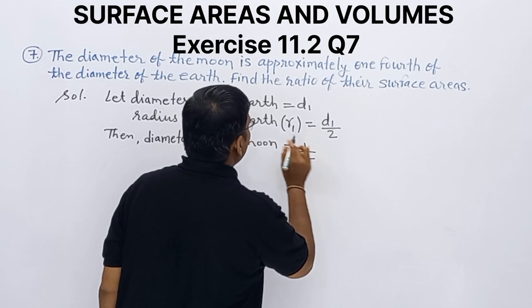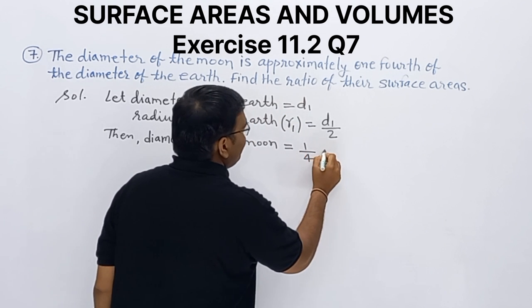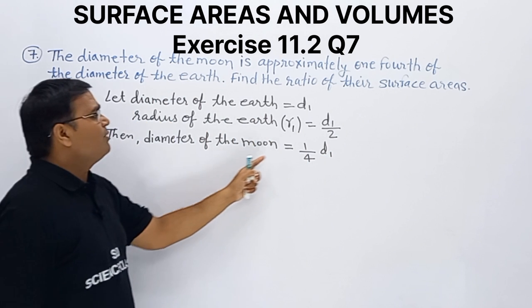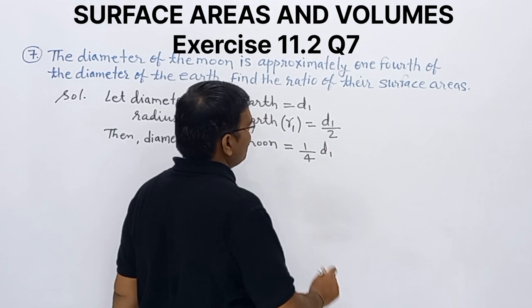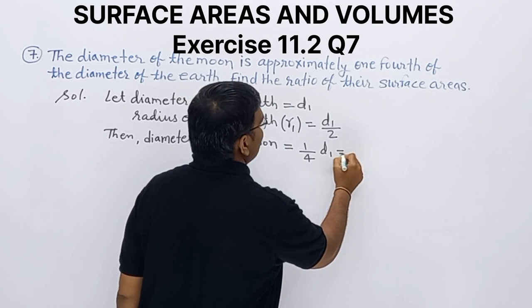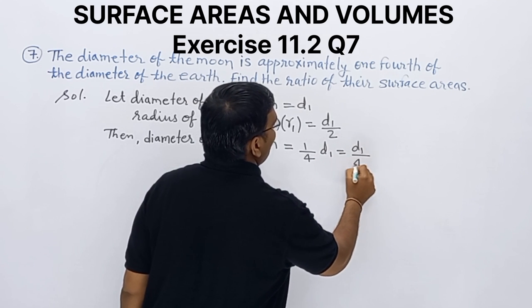The diameter of the earth is d1. So the diameter of the moon will be 1/4 of the diameter of the earth. This can be written as d1 by 4.